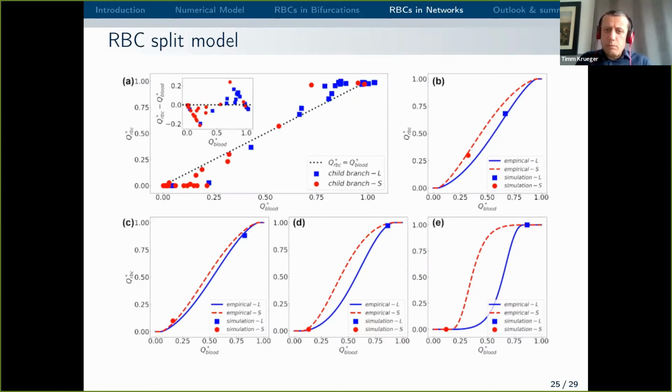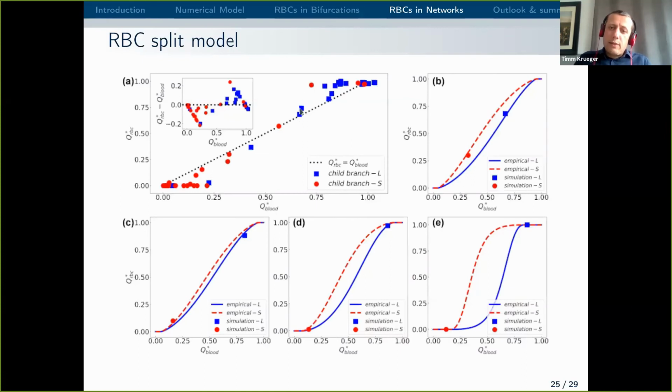And you can see that branches that tend to have a higher fraction of the blood share, basically the ones here, have an overproportionally high ratio of red blood cells going in. If the red blood cells were exactly split in the same way as the blood itself, all data points would be exactly on the dotted line.